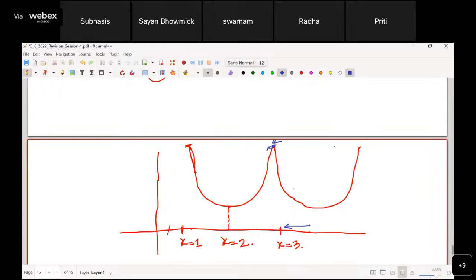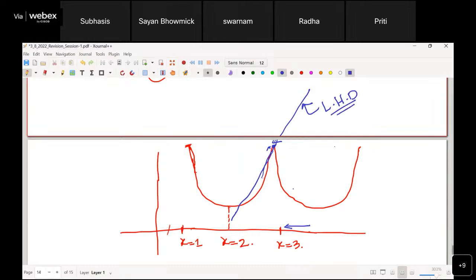Now you try to check the differentiability. When you are coming from the left hand side, if you try to draw the tangent line, you will get a tangent line like this, right? The slope of this line is precisely your left hand derivative.